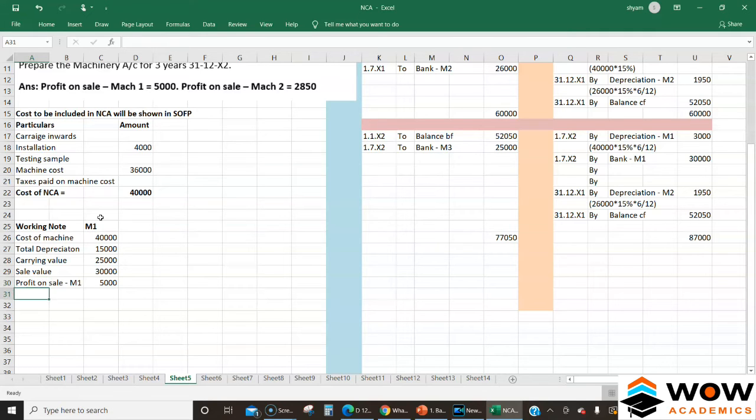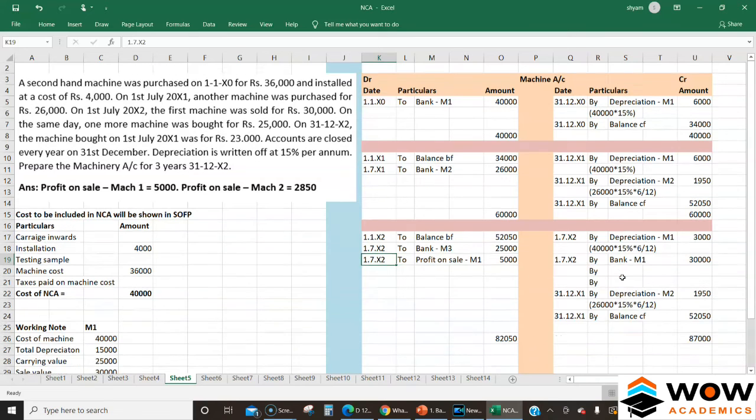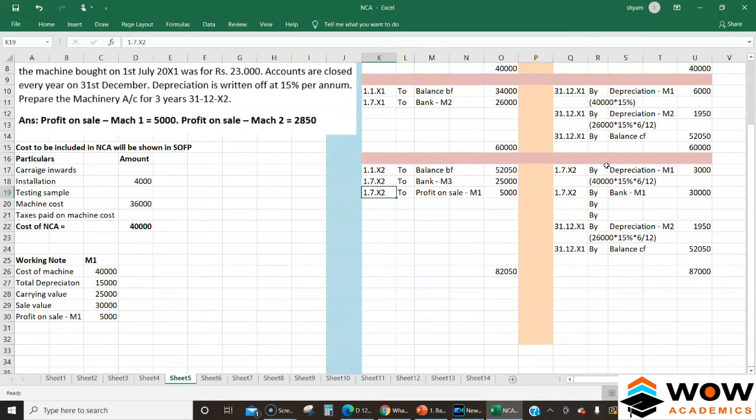So we can simply copy this. If it's a loss, it will come on this side. If it's a profit, it will come on this side. So we'll put it here. The profit is this much, and the date is this. Whenever you make a sale, you have to provide depreciation on it. The bank amount will come and the profit or loss account will come. So three entries have come.